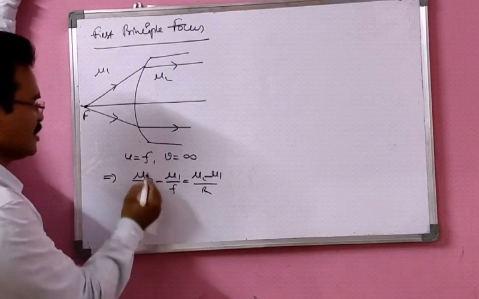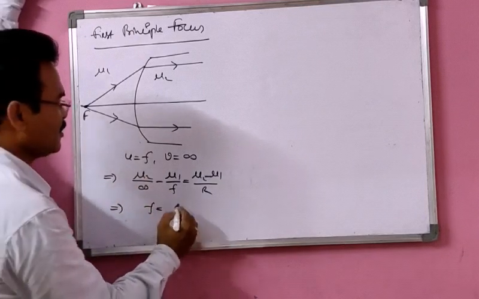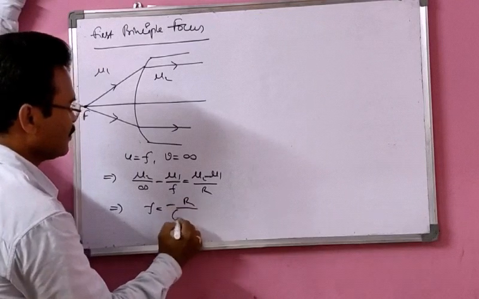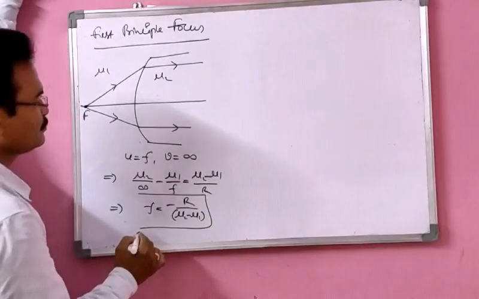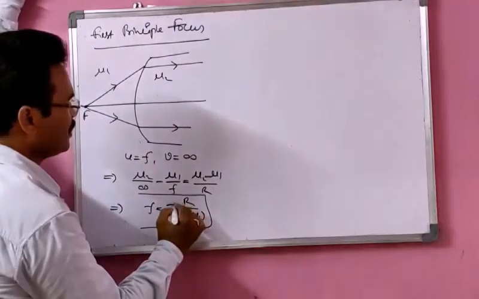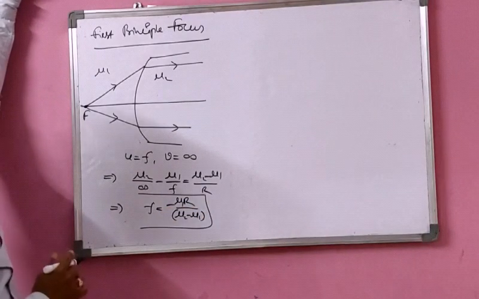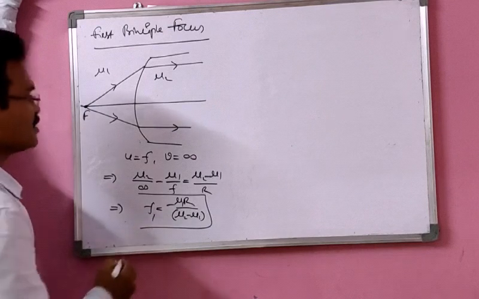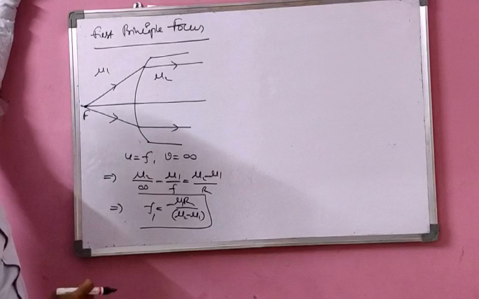This term is going to be 0. So f equal to minus mu1 r by (mu2 minus mu1). This is the first principal focus, when the object is here and the image is formed inside the denser medium.